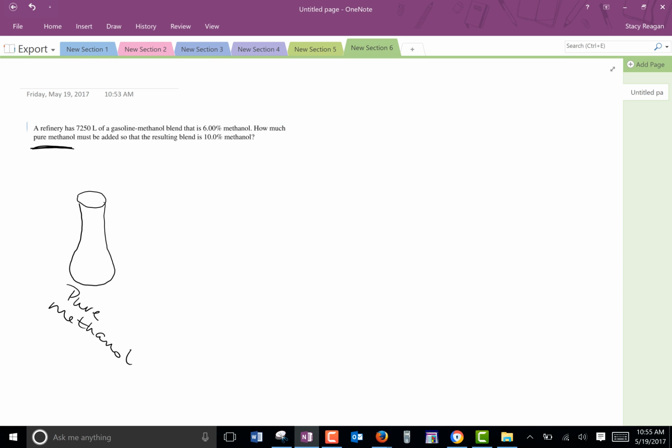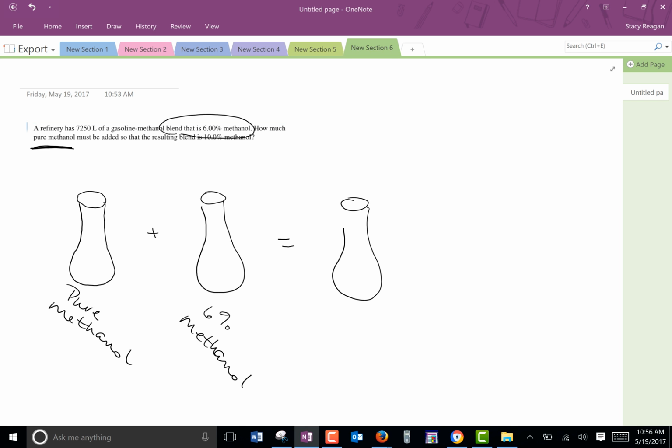And I'm taking another beaker that is 6% methanol, and I'm adding those two together. You know, I'm pouring them together. So this one is 6% methanol. And I'm mixing those two together, and I'm trying to come up with a container when I'm finished that has 10% methanol in it.